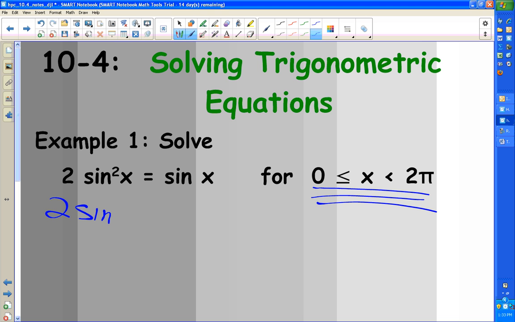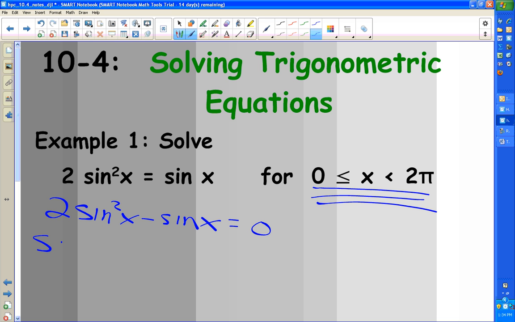2 sine squared x minus sine x is equal to 0. This is a lot like what we did a couple chapters ago. We didn't do as much of this as we are in this chapter, but same idea. What do we do next? Factor.